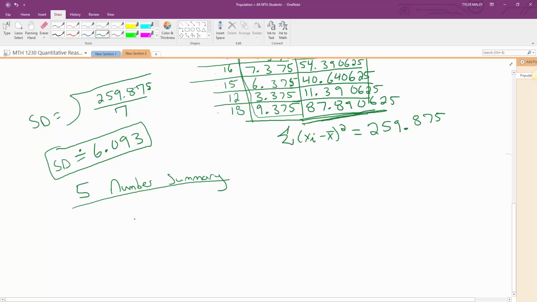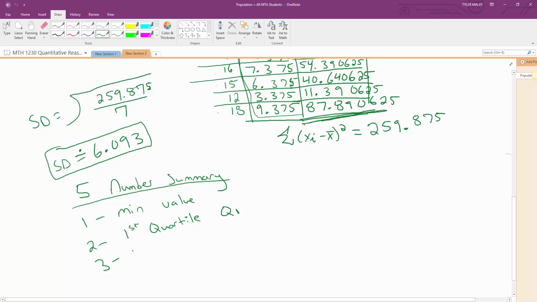A 5 number summary consists of my minimum value, my first quartile, and we use the symbol Q1 to talk about quartile 1. Next is quartile 2, which is also known as the median.